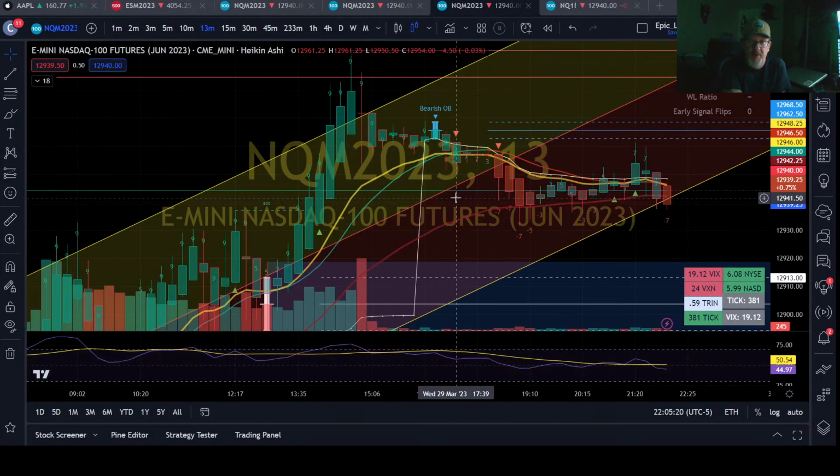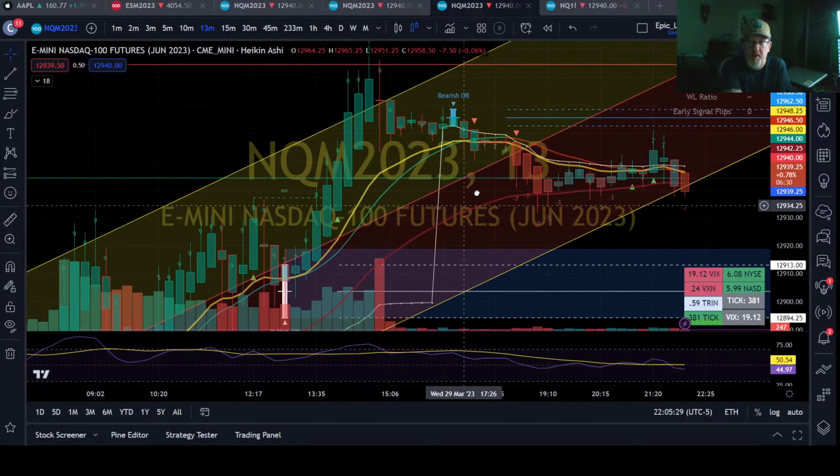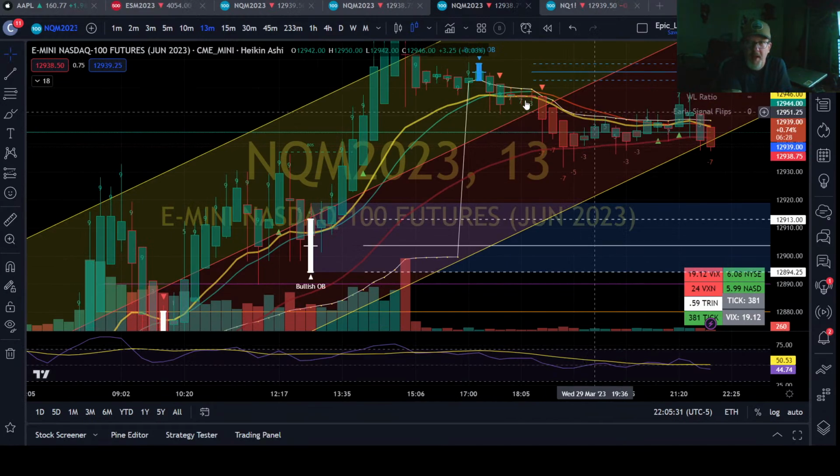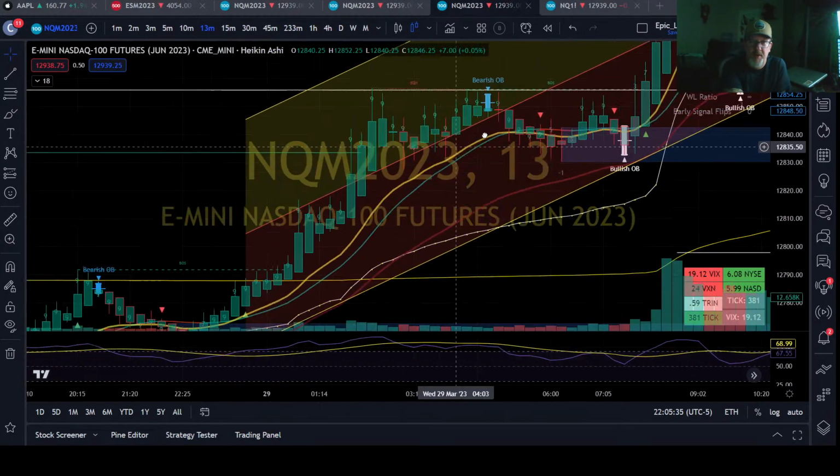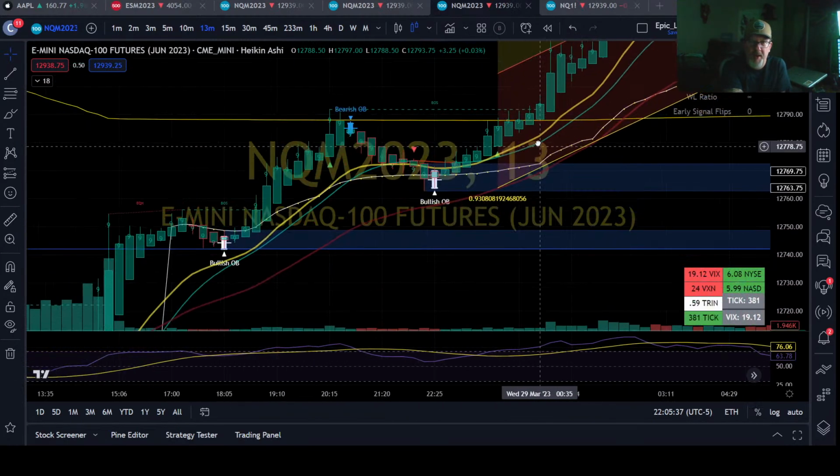So you can take a look right here, and if you went short right here where it crossed down below the 34, you know what? I'm looking at the wrong line. Let's actually go take a look way down here.